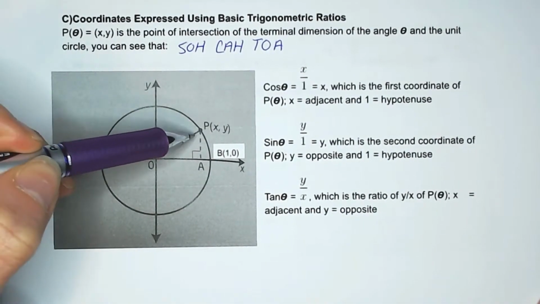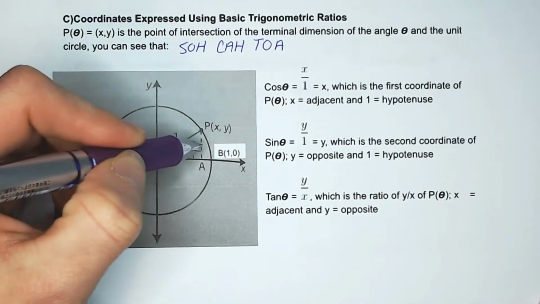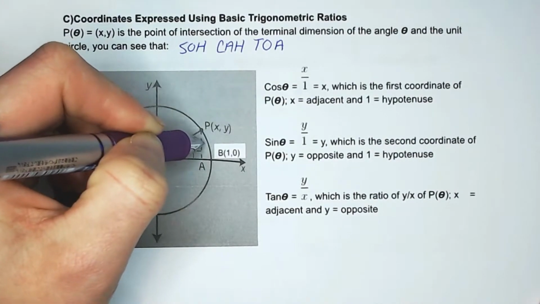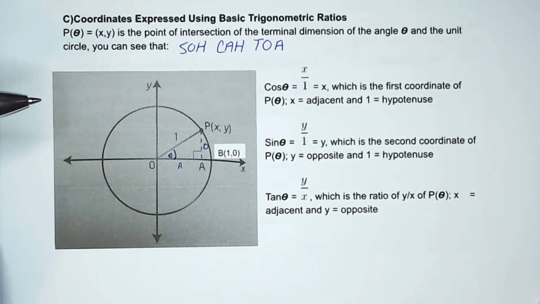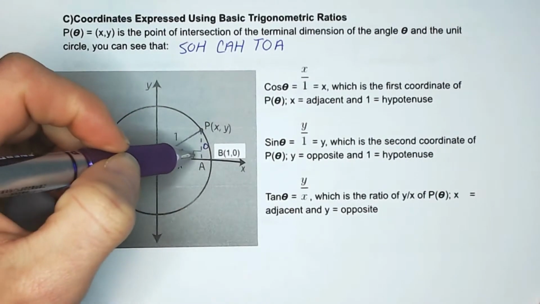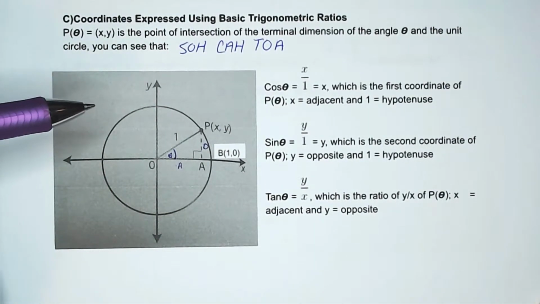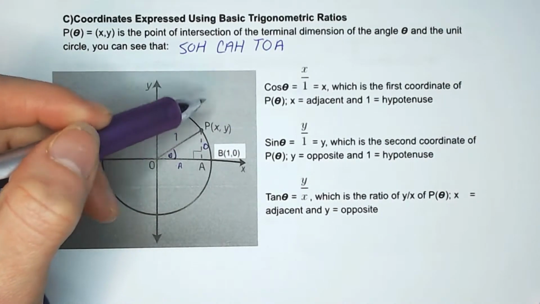So because we have this right angle triangle superimposed on the unit circle, we have our angle theta here, and this is our opposite side, and this is our adjacent side.